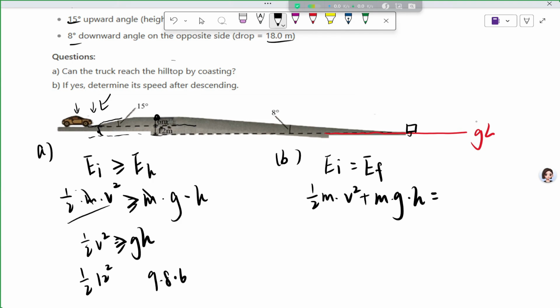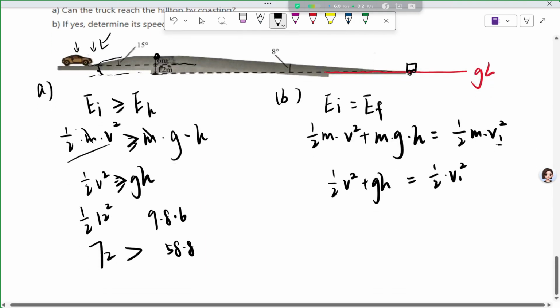And for the final state, the car will be off the slope and moving forward, so it will only have kinetic energy. So it will be half times m times v1 squared because they're not the same v, right? We can cancel out the m. So it will be half v squared plus gh is equal to half times v1 squared.